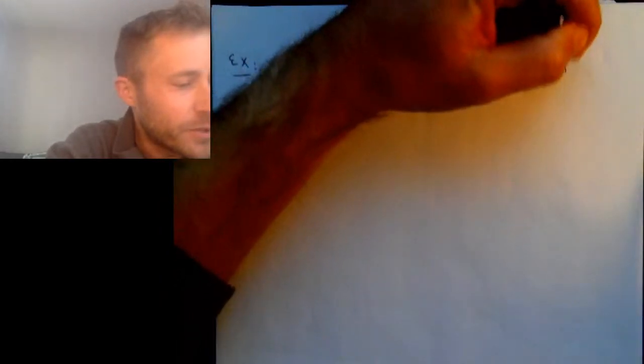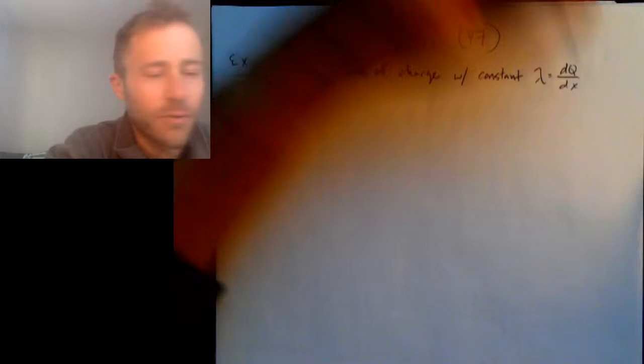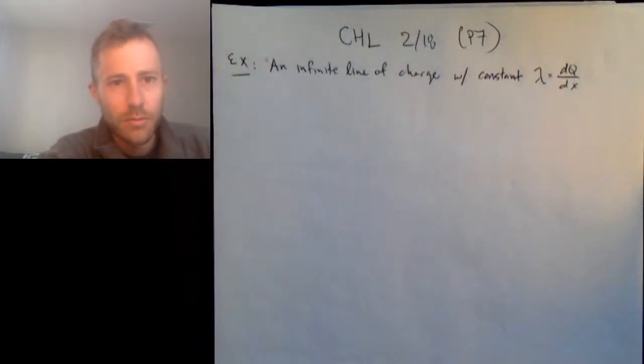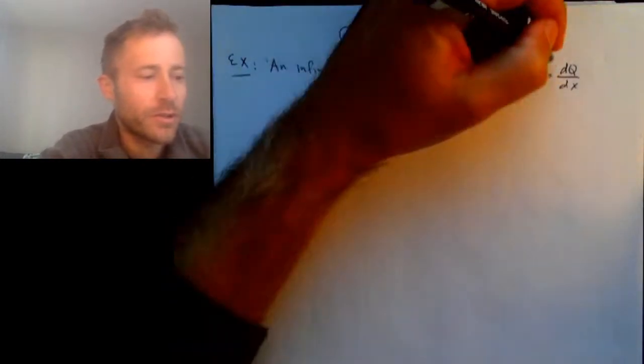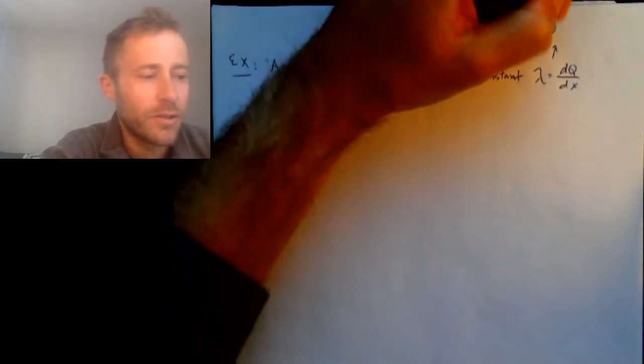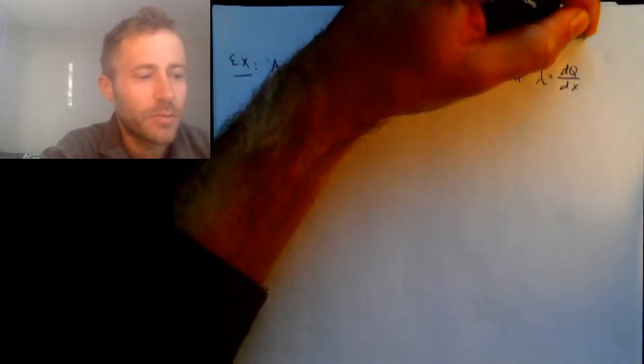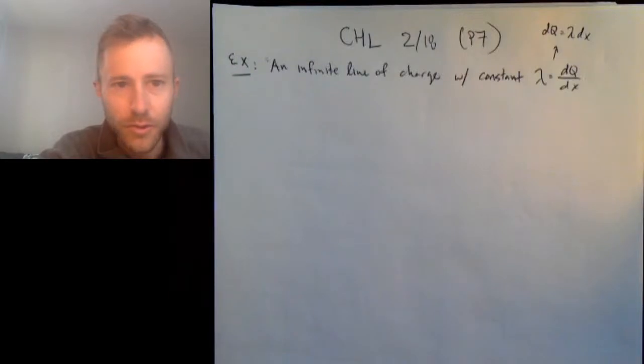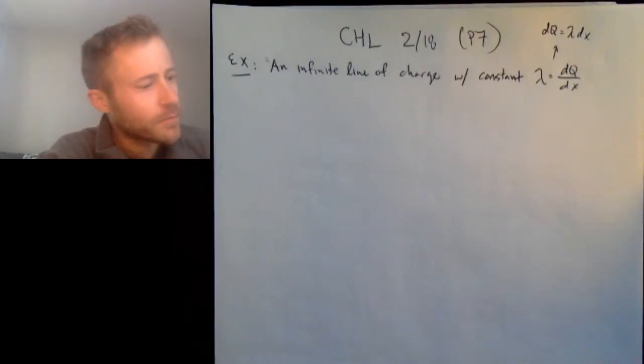So lambda is dq/dx. And of course, once we rearrange this equation, it's going to tell us that dq is lambda times dx. Okay, so we'll be using that.